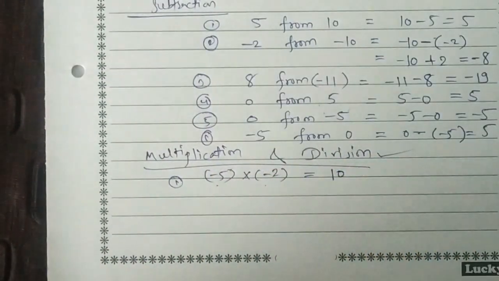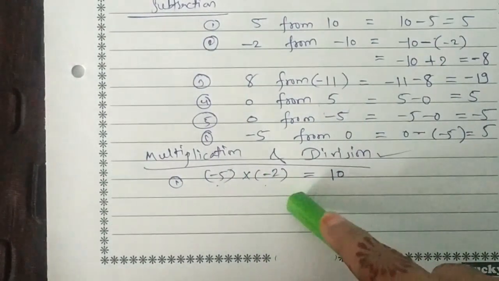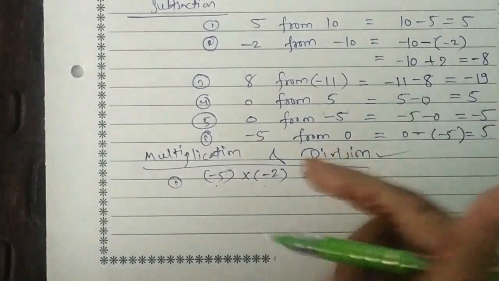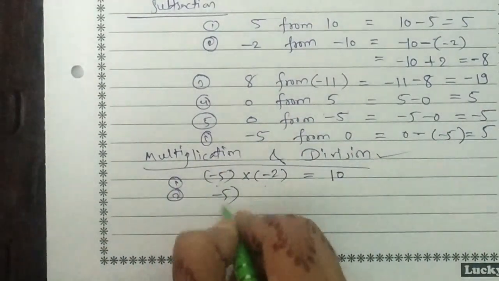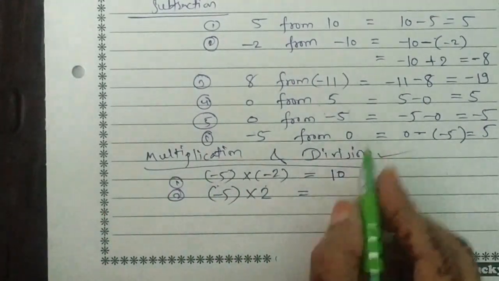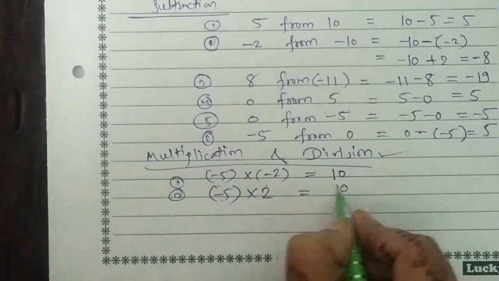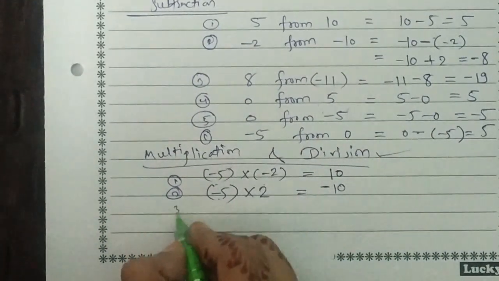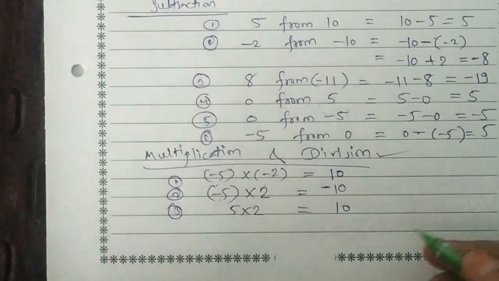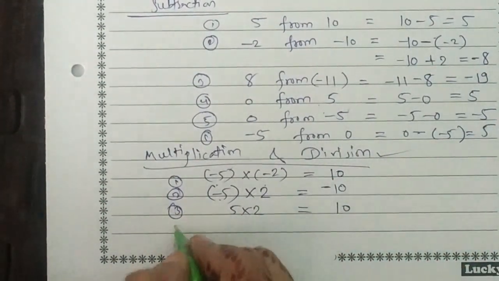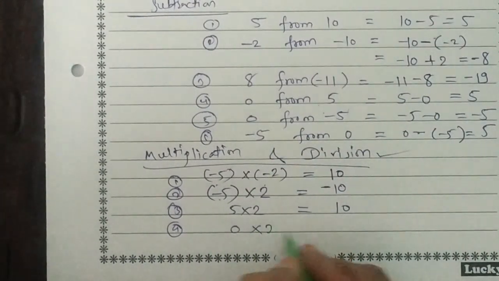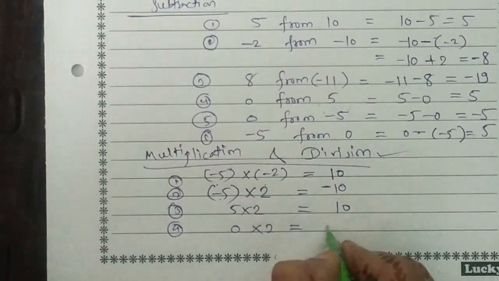In multiplication and division, if both are negative, the result will be positive. But if you multiply minus 5 with positive 2, you take the product 10 and the minus sign will remain. If both are positive, no worry, 5 2s are simply 10. And if you multiply a number with 0, it will always be 0.